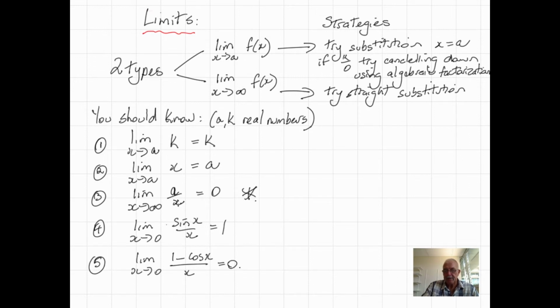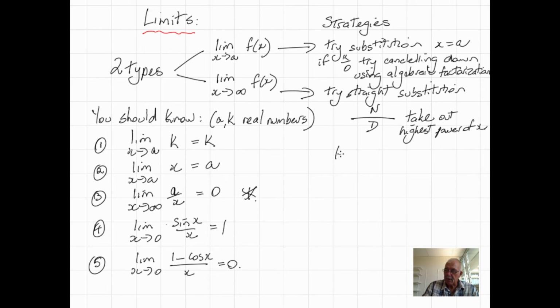So the limit as x approaches infinity of that is equal to 0. So if f of x is like a fraction, so you've got a numerator and a denominator, factorise and take out the highest power of x.